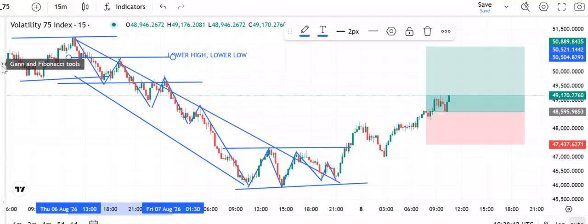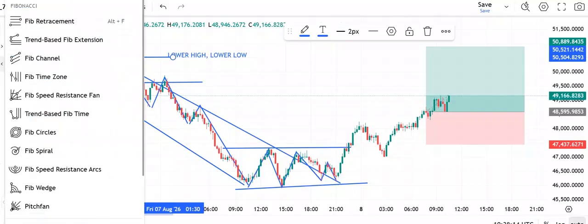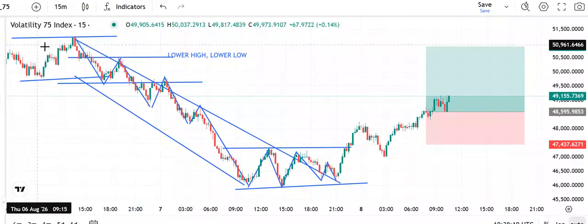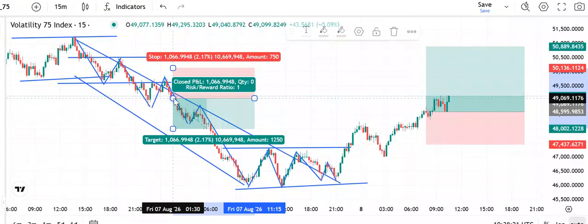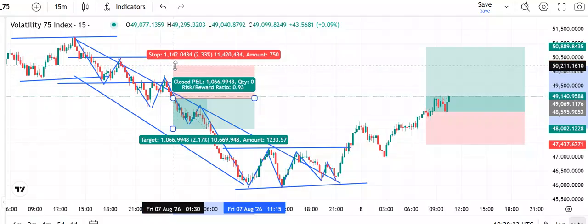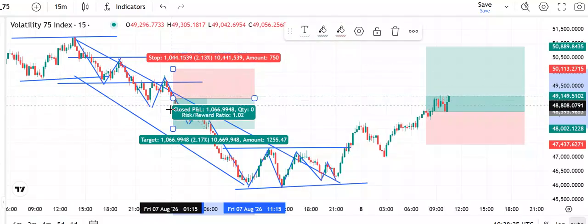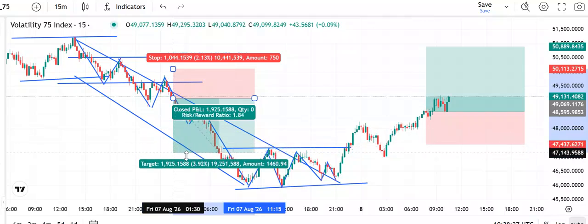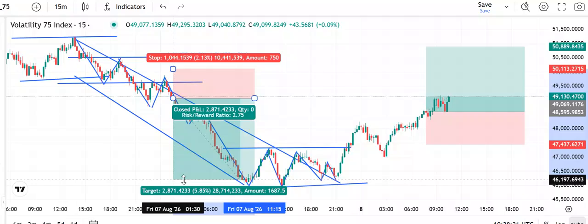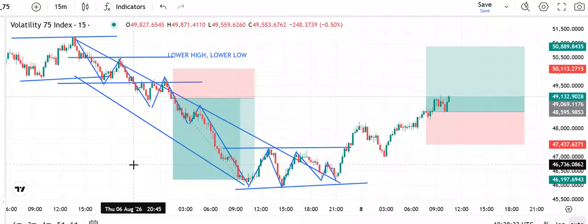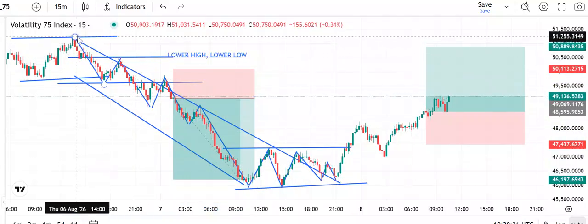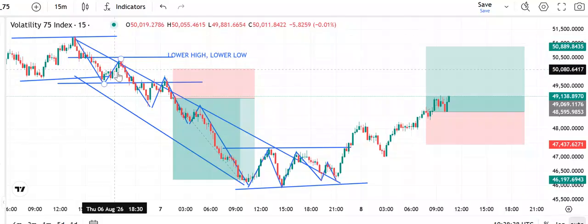So if you are going to place a sell trade somewhere here, for instance, the stop loss will be 1000 pips, and your take profit will be ratio 1 to 2 or ratio 1 to 3. But first thing is market trending.